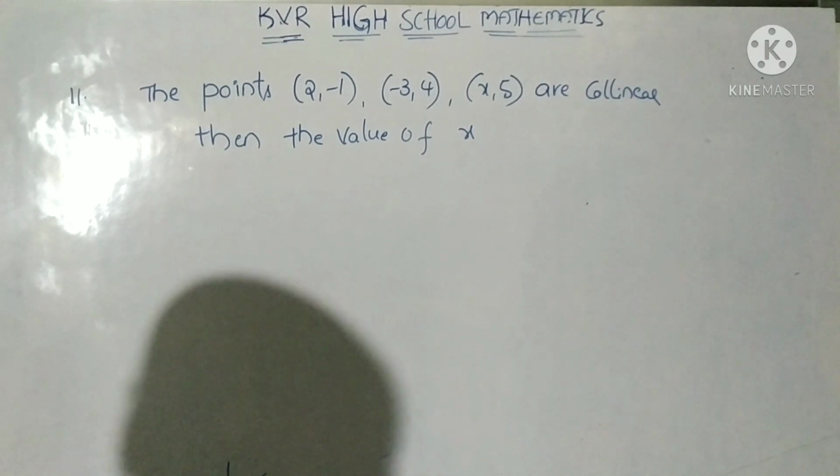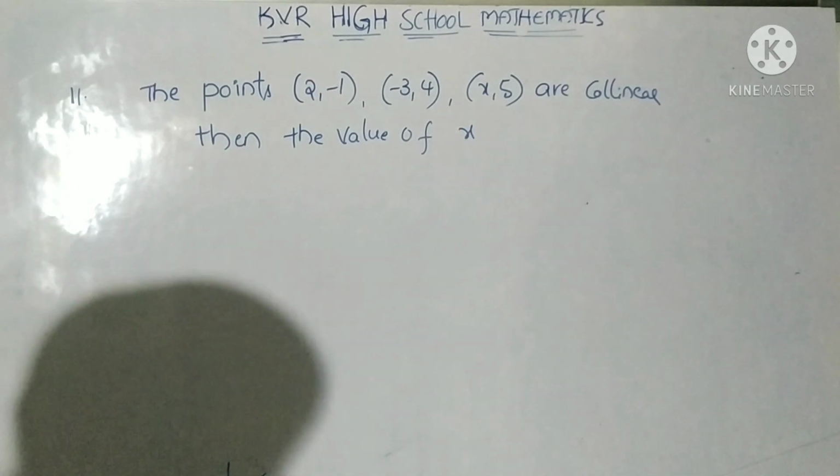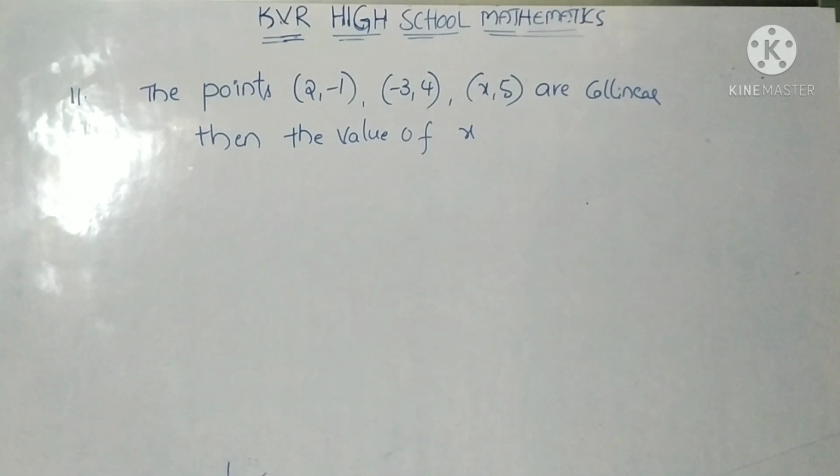So, the next question: the points 2 comma minus 1, minus 3 comma 4, x comma 5 are collinear. Then the value of x is? Okay, collinear points. Collinear points means the area of the triangle, delta, equals 0 directly.